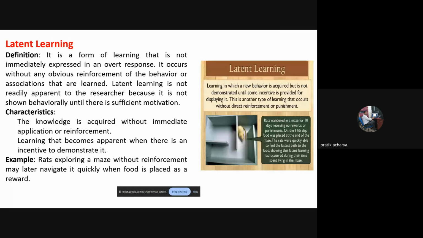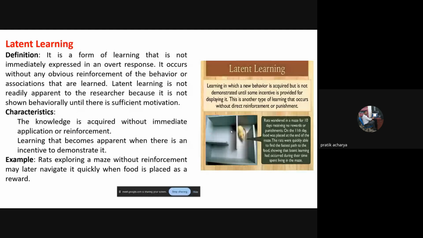Just look at this path where the rat is moving. The rat, from the very beginning, is exploring a maze without reinforcement, and may later navigate it quickly when food is placed. Reinforcement is the reward.